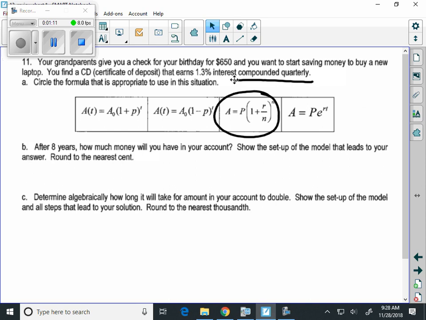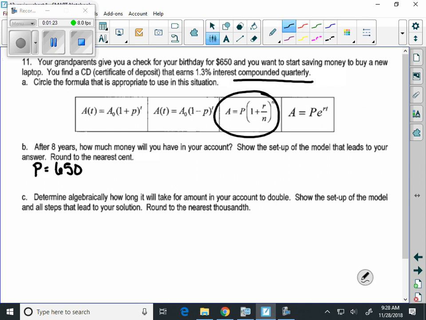We want to show the setup of the model that leads to your answer, and we want to round to the nearest cent. Well, first of all, our P, 650. That's how much money we're starting with. And we find a certificate of deposit that has an interest rate, there's our R, of 1.3%.